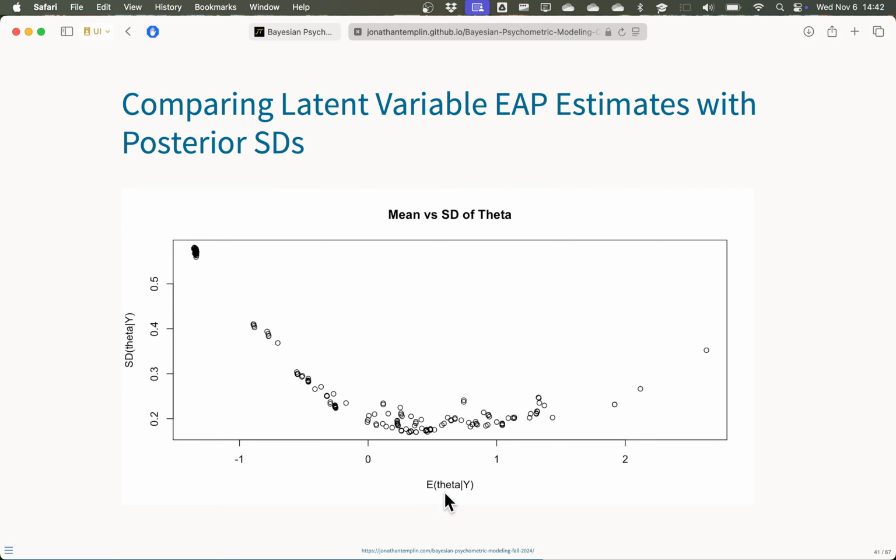Here's our EAP estimate of theta on the x-axis, and on the y-axis is our posterior standard deviation. As you can see, this range goes from about 0.6 to a little below 0.2. And in certain regions, we are much more precise with theta. Somewhere between 0 and 1/2, we're pretty precise. And then a little bit closer to 1, we're a little bit more precise as well.